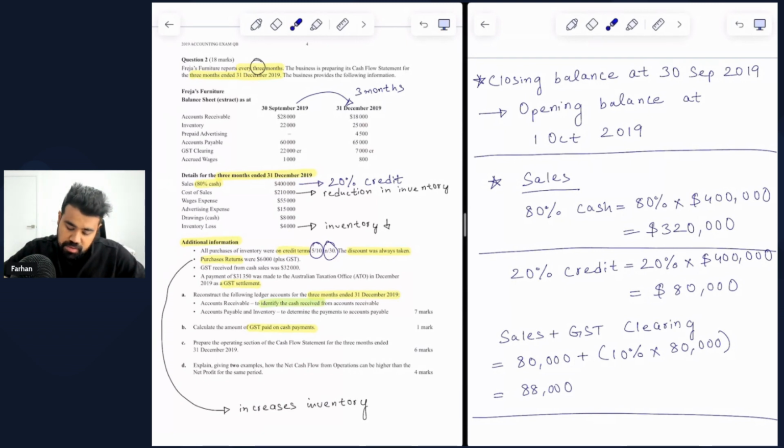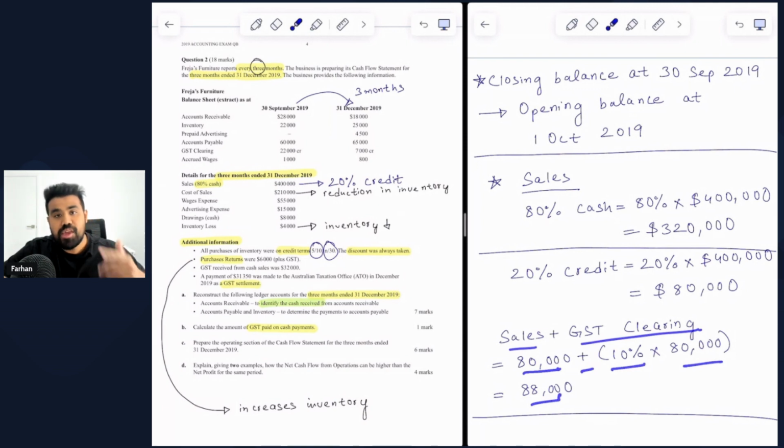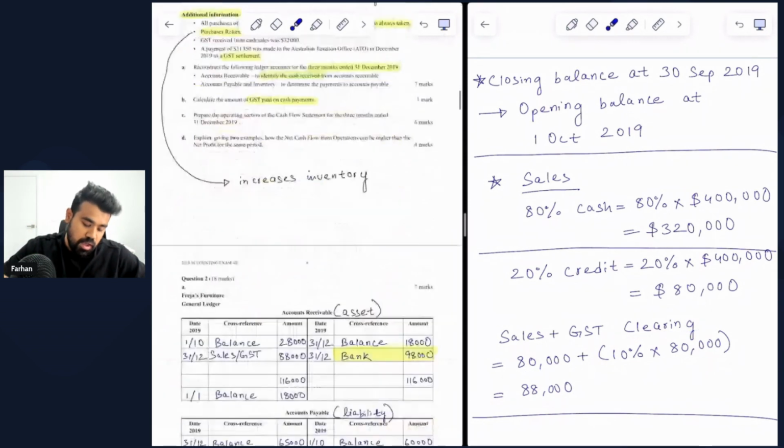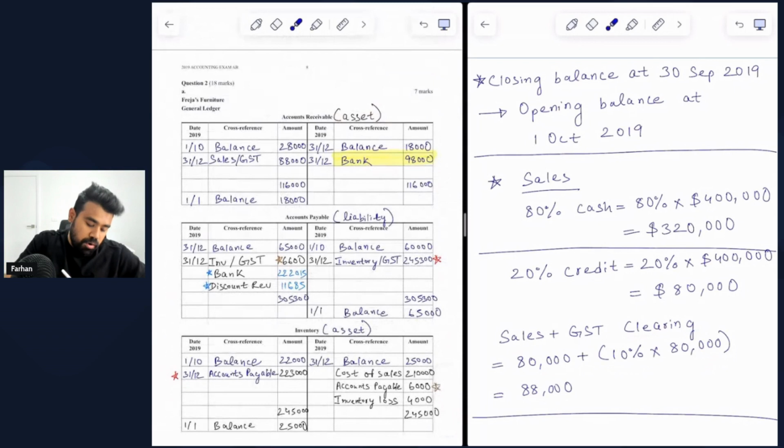So if we want to find the sales including the GST, that should be $80,000 in the actual dollar amount for sales, plus an additional 10% that we apply on the 80,000, which gives us $88,000 worth of sales, including GST. And this is the amount that our accounts receivable should owe us. So back to the reconstruction for ledger accounts. So you can see that for the 3 months ending 31st of December, we have included sales, including GST, of $88,000.